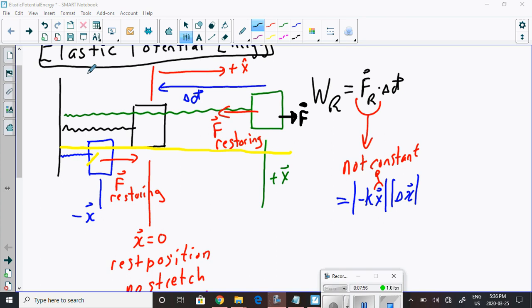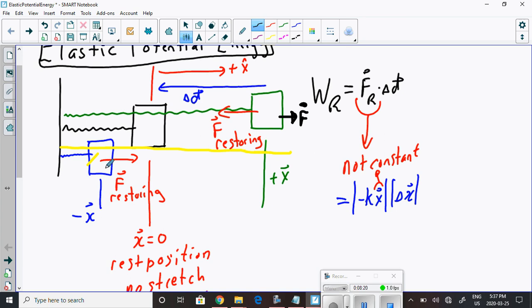As I was saying, the object moves past the x equals 0 position and into what we call the compression zone. So now the spring is compressed and it's in the negative x displacement area. All right, x equals 0, positive x displacement on this side, negative x displacement on that side.